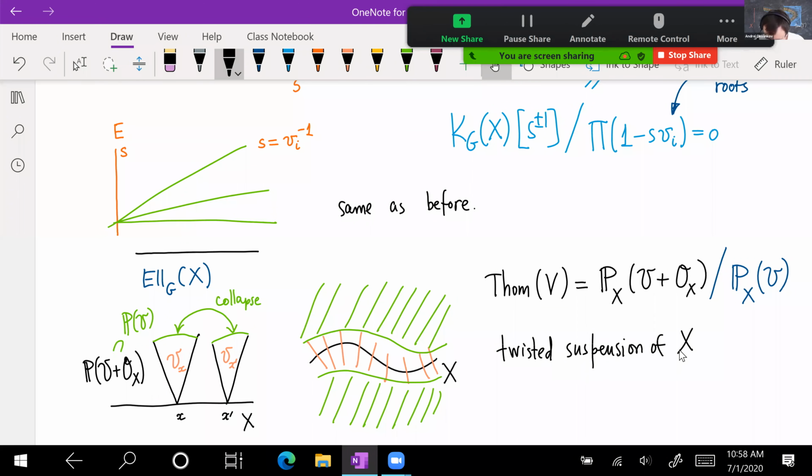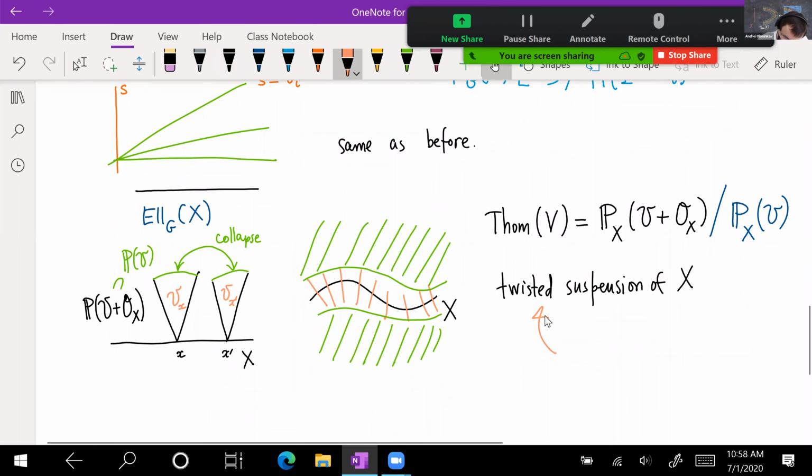So this is twisted in two different ways. First, the spheres vary over X in a way that is twisted. This twisting happens both in the bundle and the G action.